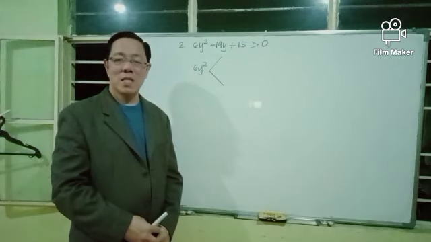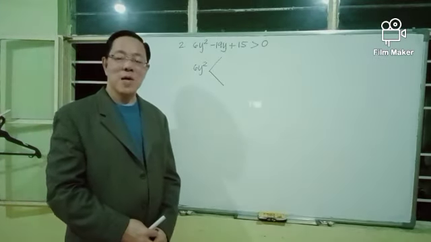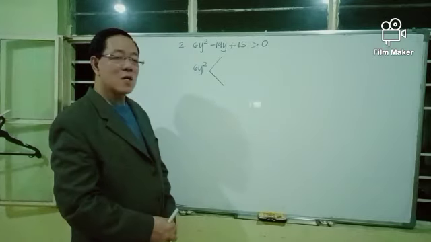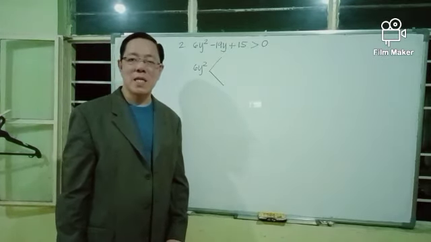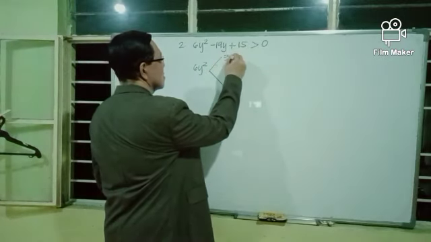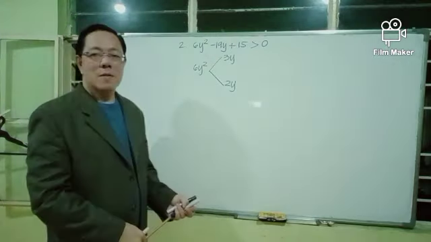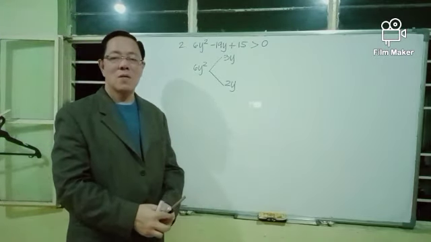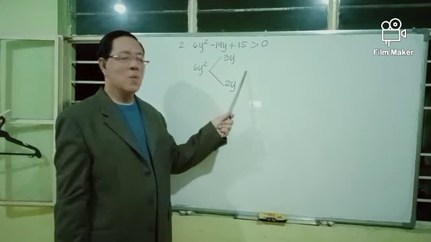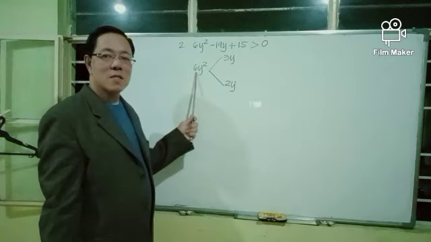But we want a linear factor, so we would use y and y as factors of y squared. And for the factors of 6, I would use 3 and 2. Thus, I factored out 6y squared as the product of 3y and 2y. 3 multiplied by 2 is 6.